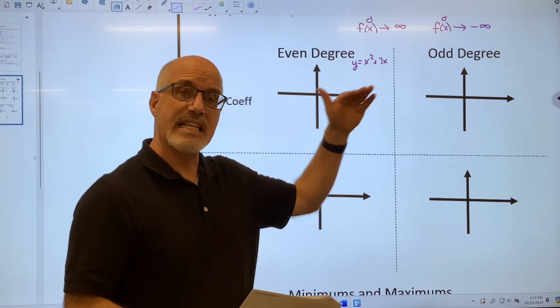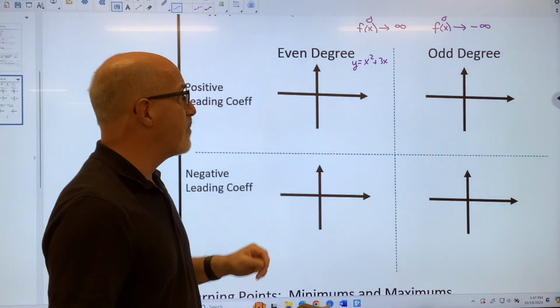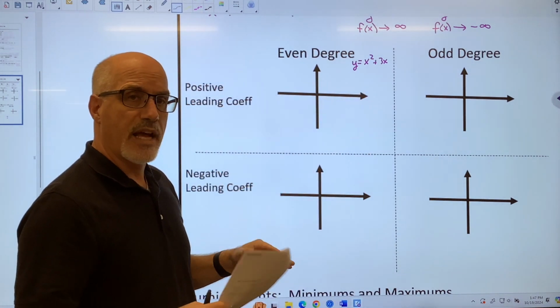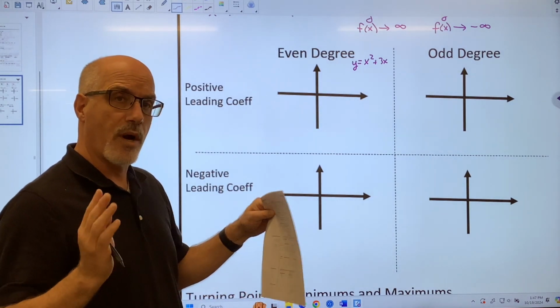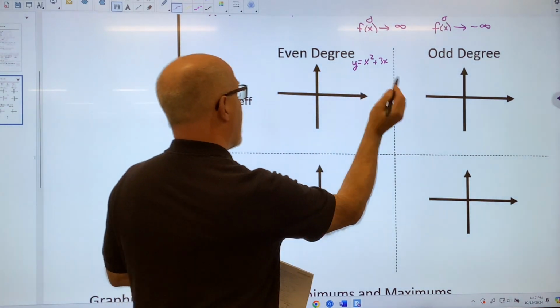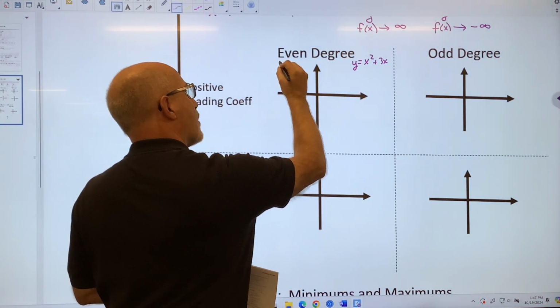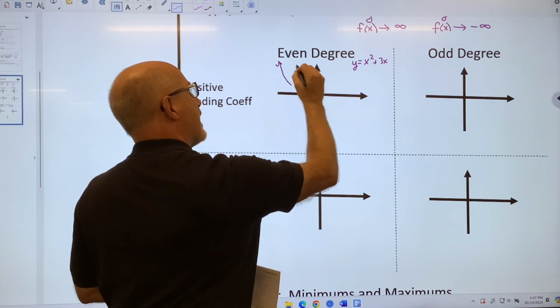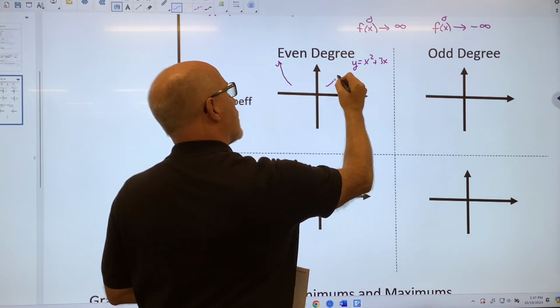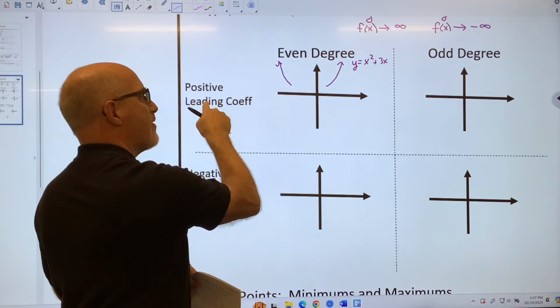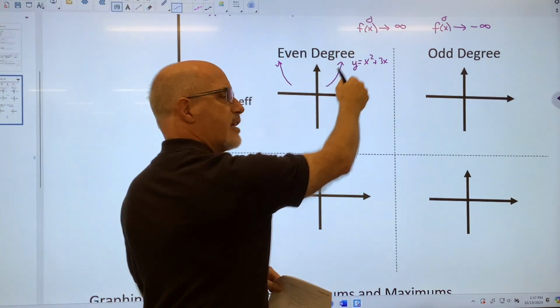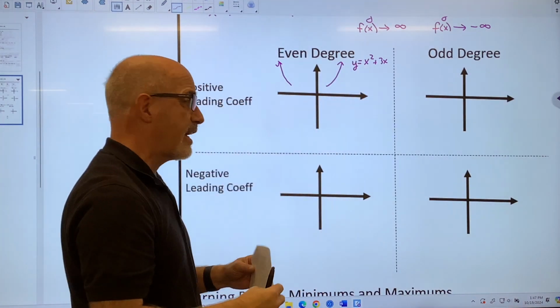Anything that has an even degree on it. What the graph will look like when we see this, we're used to quadratics. On the left side of this, it's going to go up, and the right side of it, it's going to also go up. When we have a positive leading coefficient, here it's 1. We know that that's what happens.